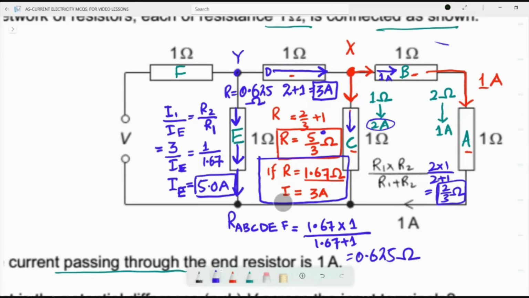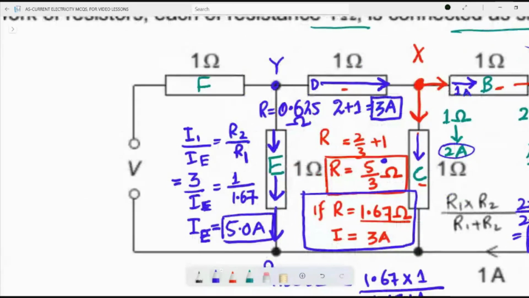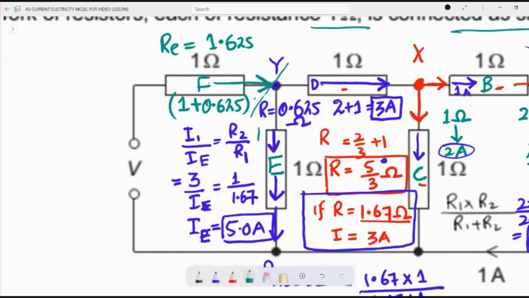Now at this junction, I come back to the point that resistor F is feeding the whole circuit beyond junction Y. So the resistance of all these circuits is 1 plus 0.625, where 0.625 is beyond junction Y, and 1 ohm is resistor F. So the total resistance of the circuit is now 1.625 ohm.